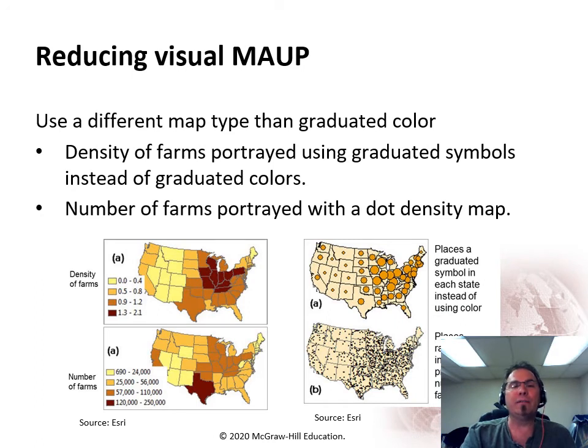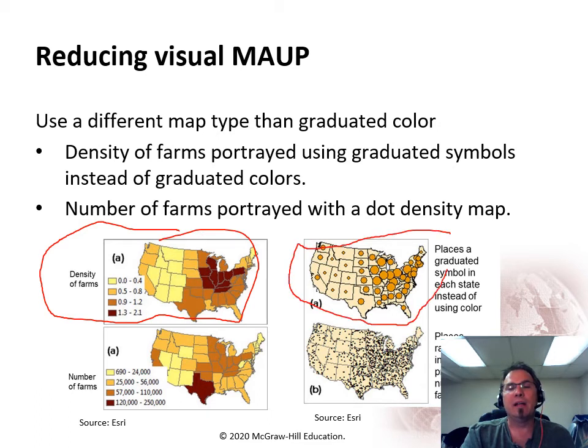So reducing visual MAUP, you can use densities. Instead of using polygons is what they're trying to get at. Instead of using polygons with color like here, you can use the dots with various sizes because the dots are sort of neutral. There's no color.